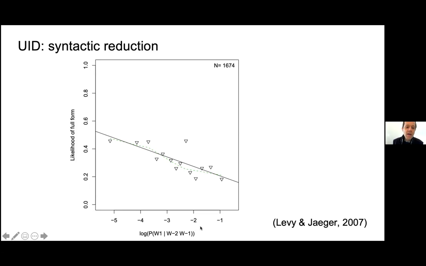And you can see as the initial material in the complement clause becomes more and more predictable, speakers are less likely to use the full form. In other words, they're more likely to drop the "that." So this result is just based on English, I think. And I'm actually not sure if it's been supported in other languages as well.